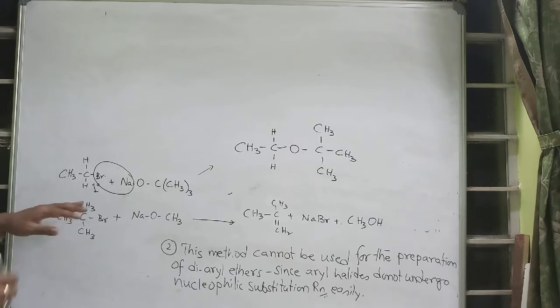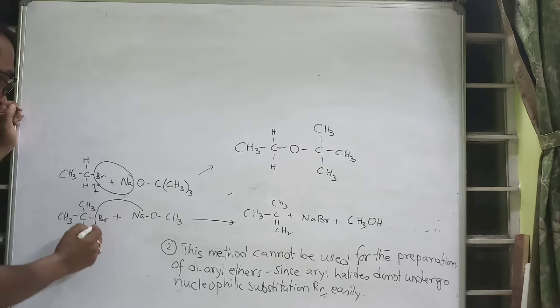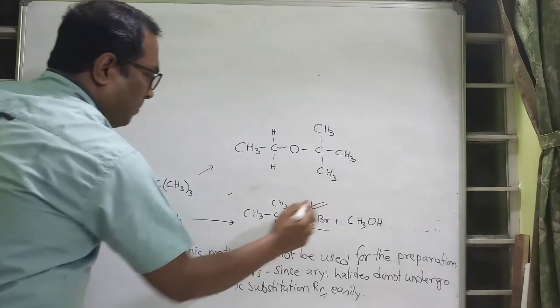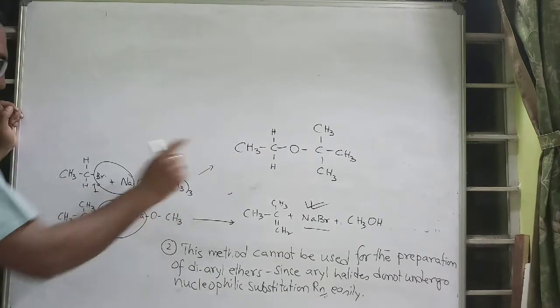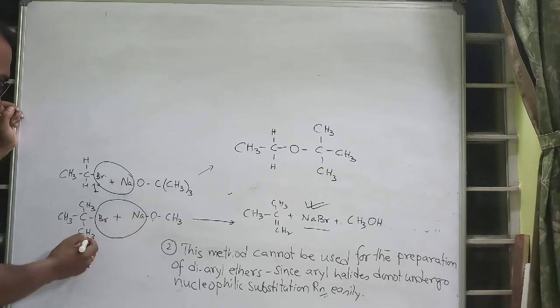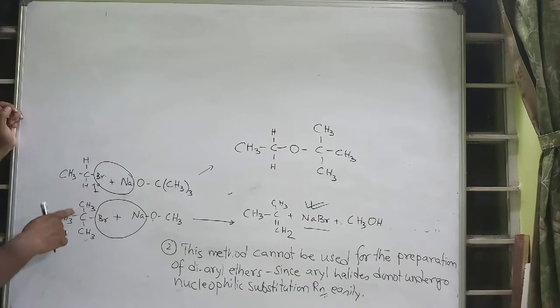I have shown you a second example with the tertiary. In the tertiary case, you can see the sodium and bromine run off in the form of sodium bromide. Now, this oxygen takes a hydrogen from the alkyl part, so it becomes CH2.